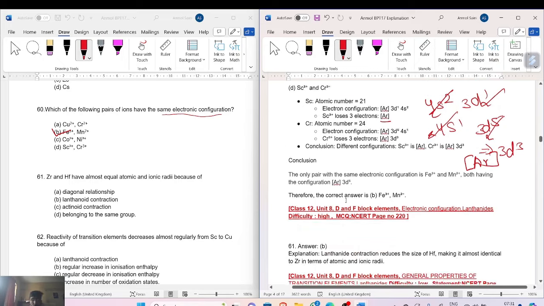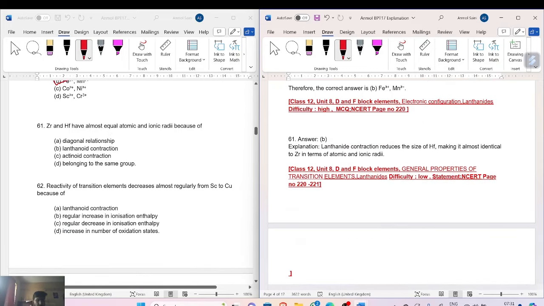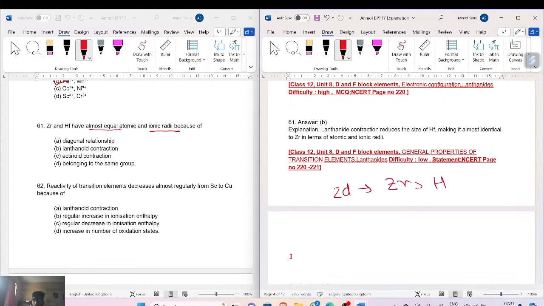Okay, so now let's come to question number 61. Question number 61 is, zirconium and hafnium have almost equal atomic and ionic radii because of. So we know zirconium belongs to the 4d series and hafnium belongs to the 5d series.